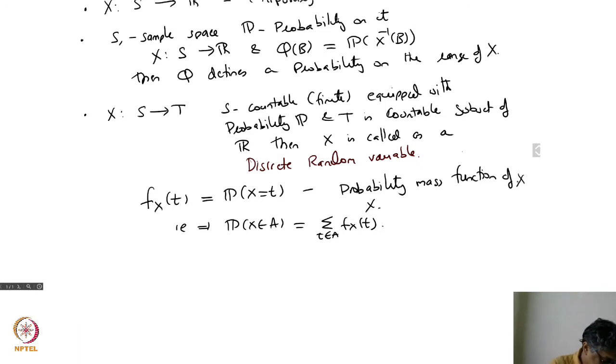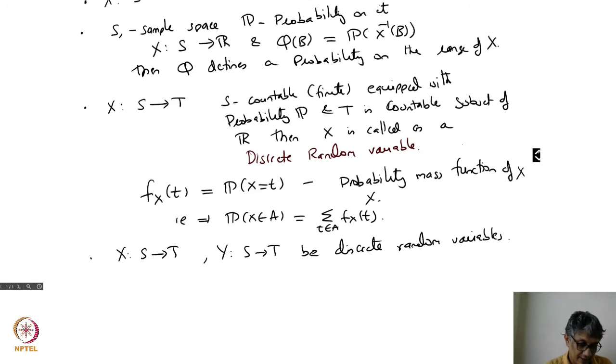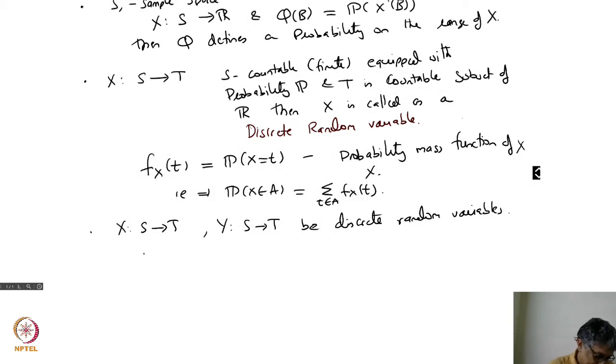And then we also said that if you have two random variables X and Y, X from S to T, Y from S to T, and these are two discrete random variables, then we said that X and Y have equal distribution.